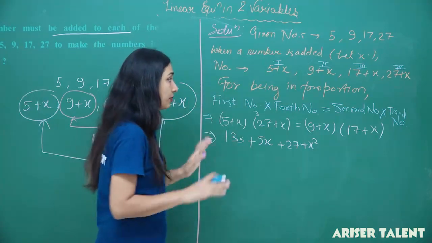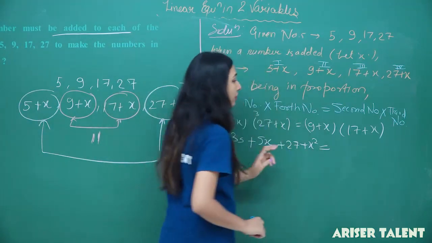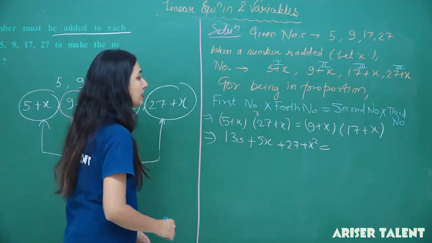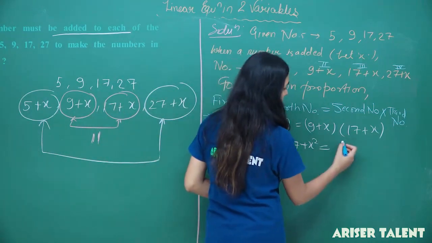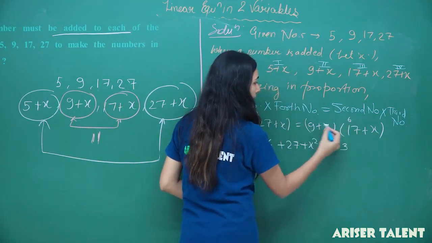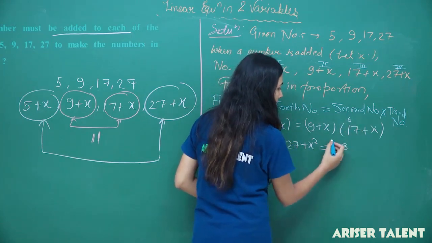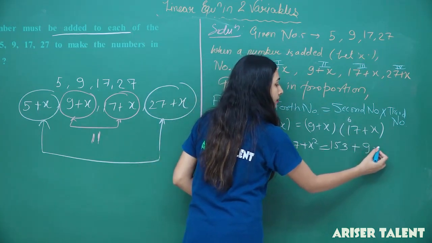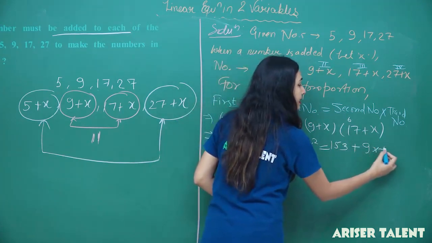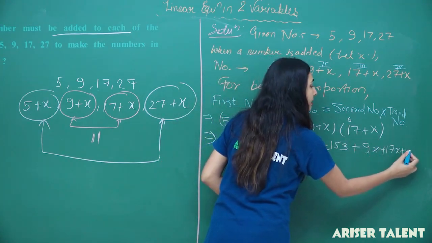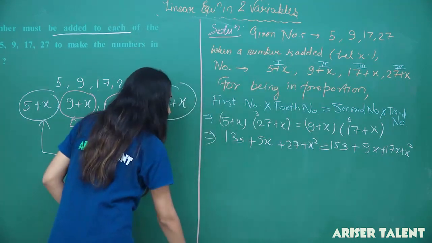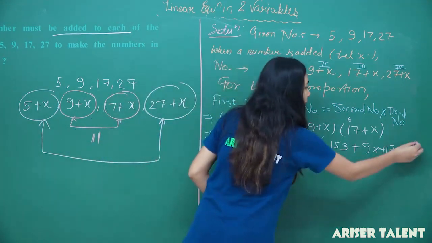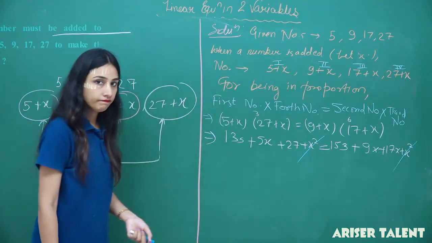Patience, student, patience. Okay, that will be 17 multiplied by 9, that is 153, plus 9x here. Then plus 17x plus x square. Now you understood? This x square will be cancelled by this x square.